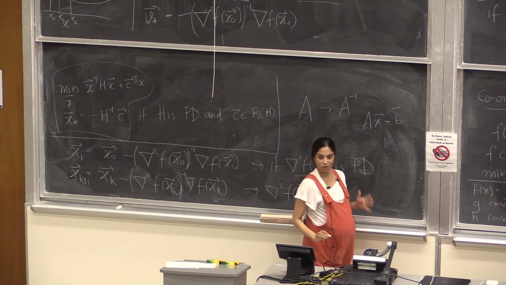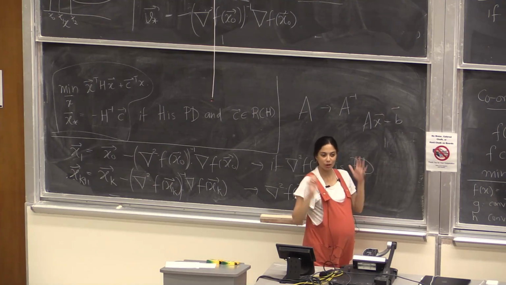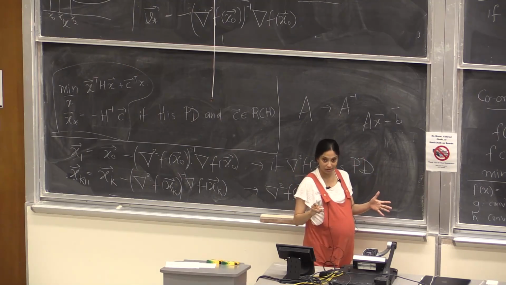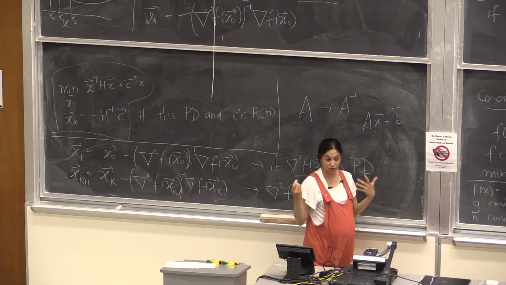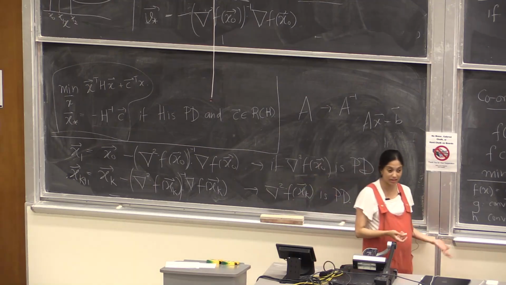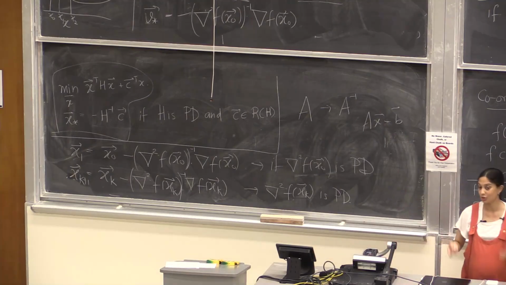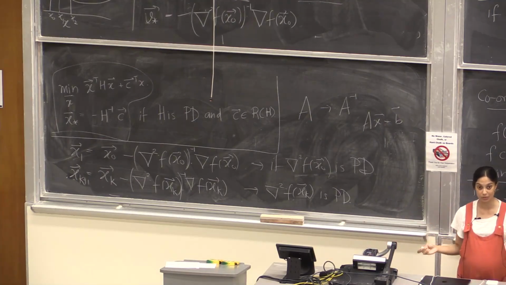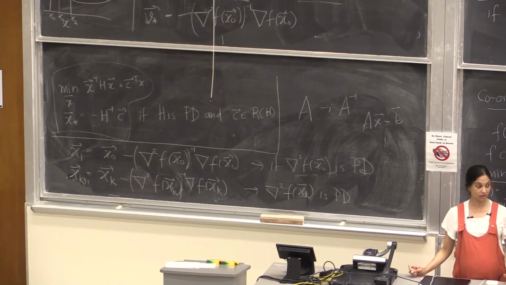By assuming that your Hessian is positive definite, you're assuming that it is invertible. The Hessian is always square, right? The gradient is n-dimensional, the Hessian is n by n, so everything is always going to be in its range. There is no null space.